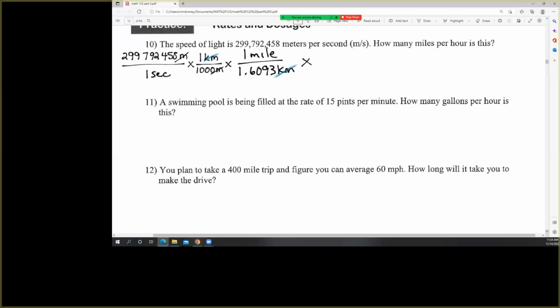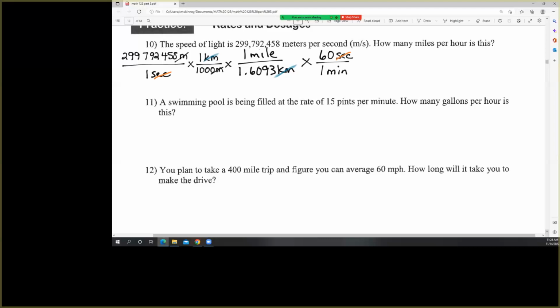Now we need to take care of our time, because right now, if we finished, we would be in miles per second. So what's my next multiplier? I want to get rid of seconds. 60 seconds, 1 minute. And again, they don't have to be next to each other to cancel.